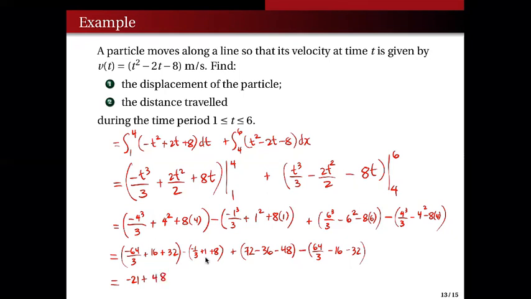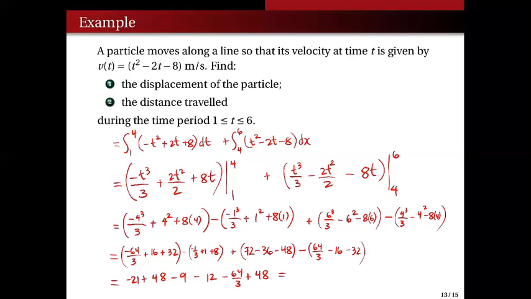And then here, 1 plus 8, that's 9, but there's a minus here, so minus 9. And then here, we got negative 12 before, so minus 12. And then for this, you will have minus 64 over 3 plus 48, because you have your minus minus, and then there's a minus here. So plus 48.